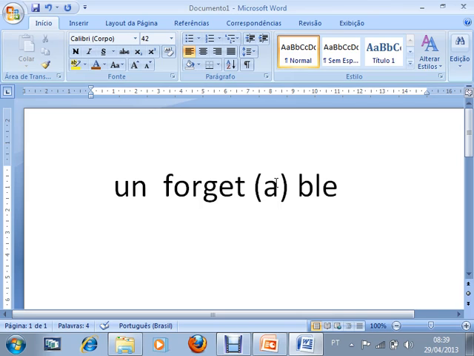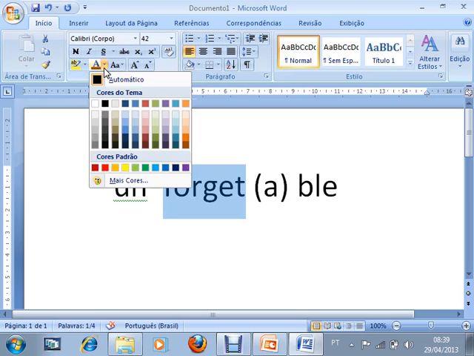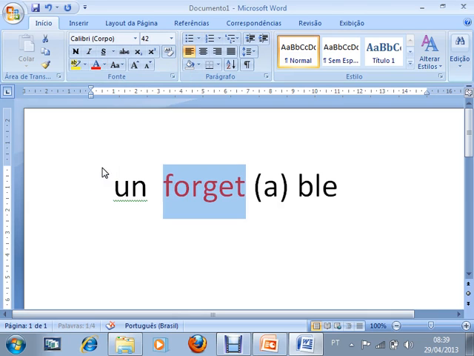Okay? Because our focus here was to find the root, and the root is exactly the word, the morpheme forget. Okay? There is no way to split this.